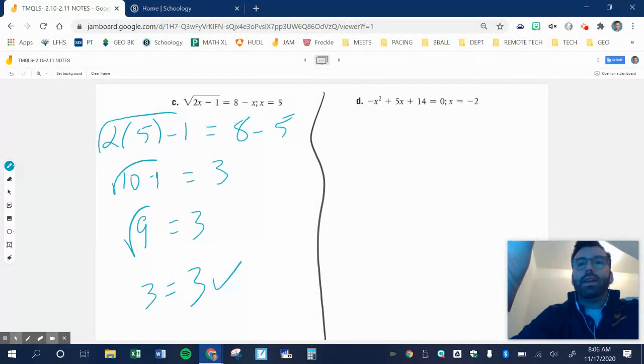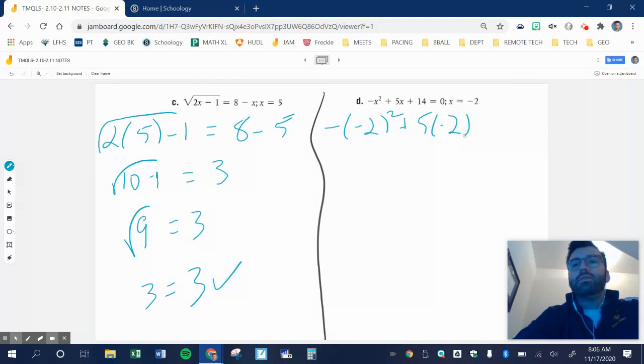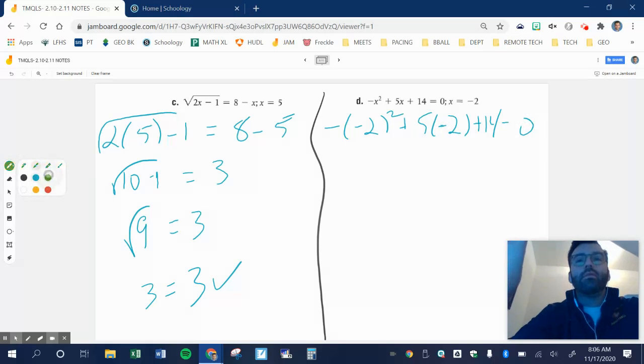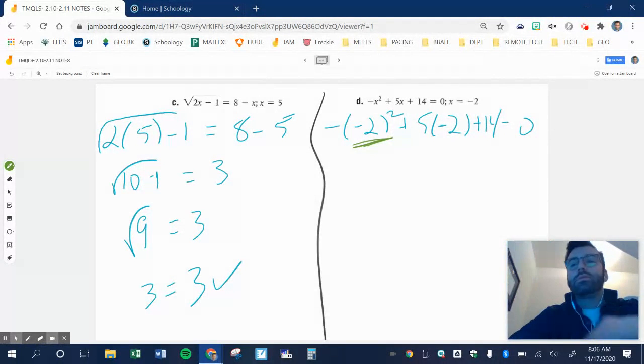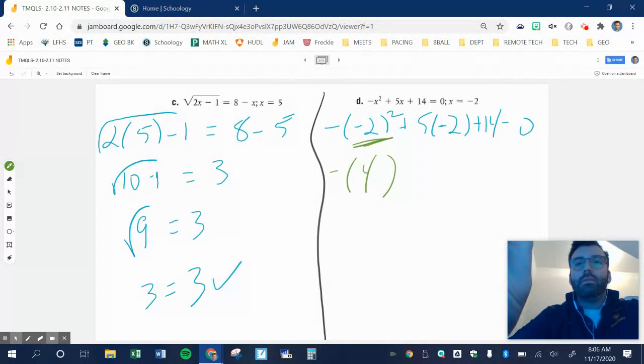Let's plug in negative 2. The opposite of negative 2 squared plus 5 times negative 2 plus 14. Does that equal 0? One thing we've got to be careful of: negative 2 squared is actually 4. And then I have to apply the opposite from right here. Very important.